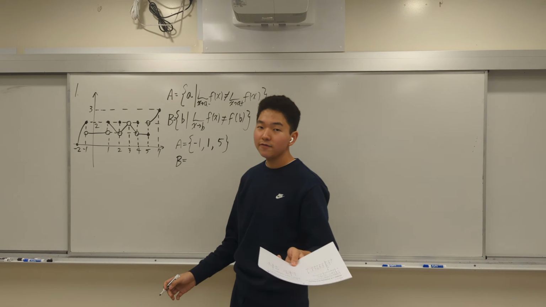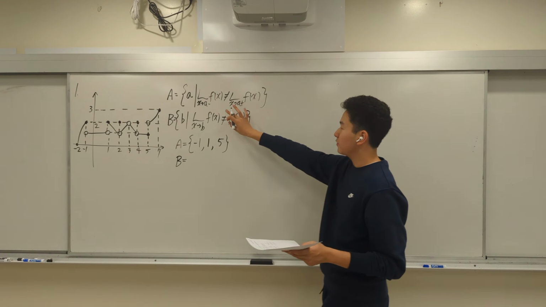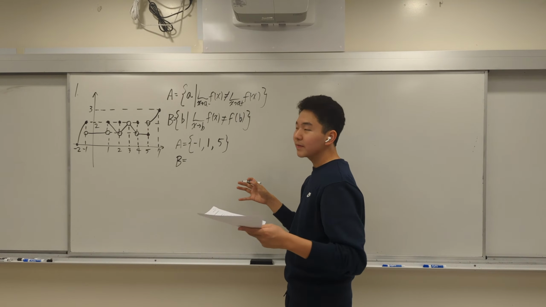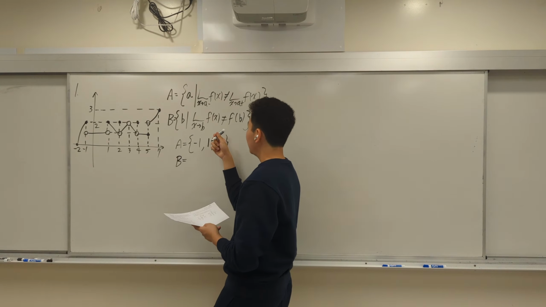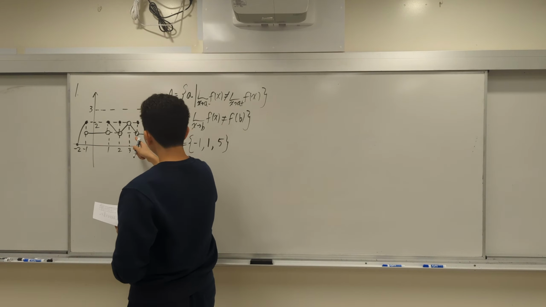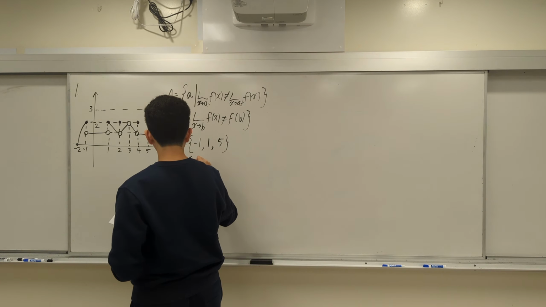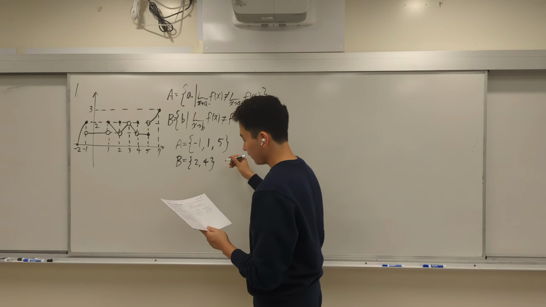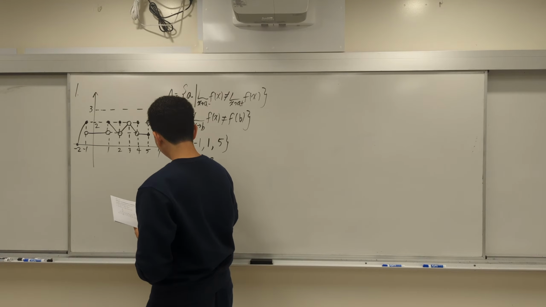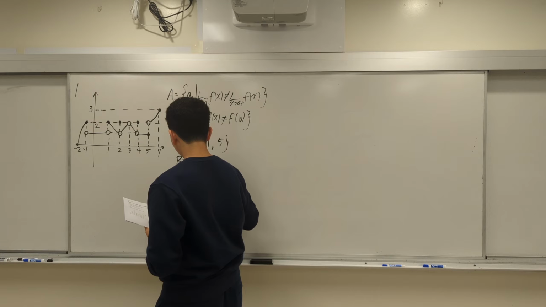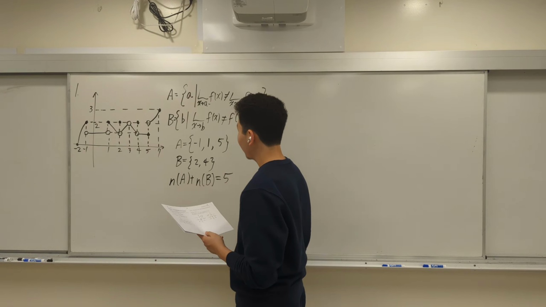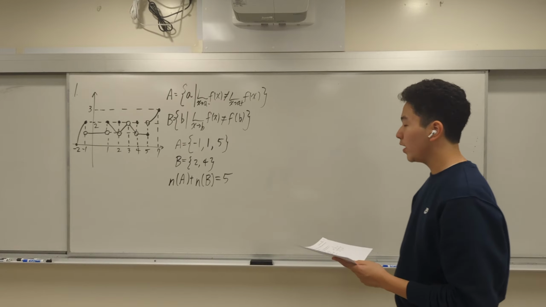That means the function itself is undefined at this value. We can't compare an undefined value, because it doesn't exist. So the only two elements in set B are 2 and 4. So what are we trying to find? The number of elements in A plus the number of elements in B, and that equals 5. Okay, so that was number 1.